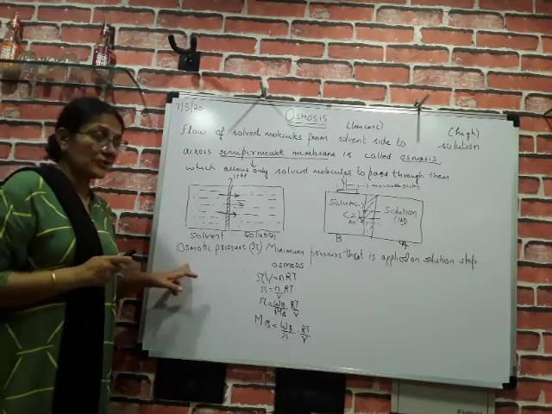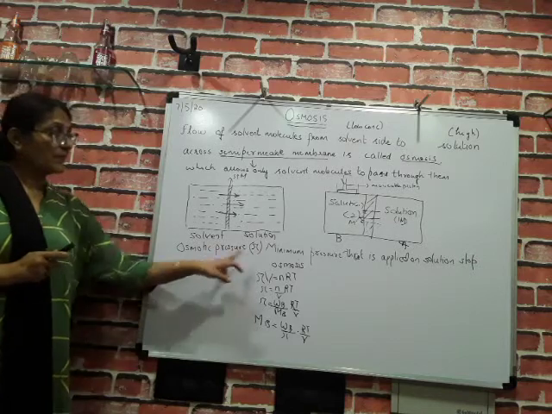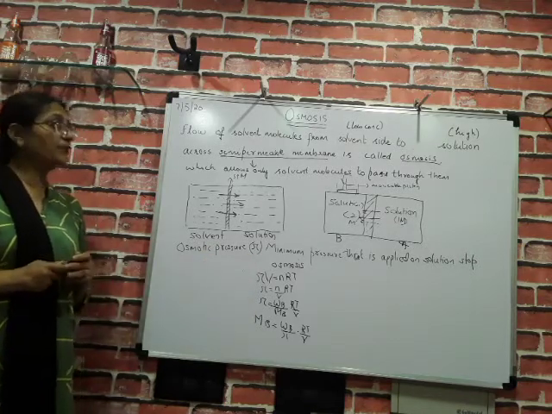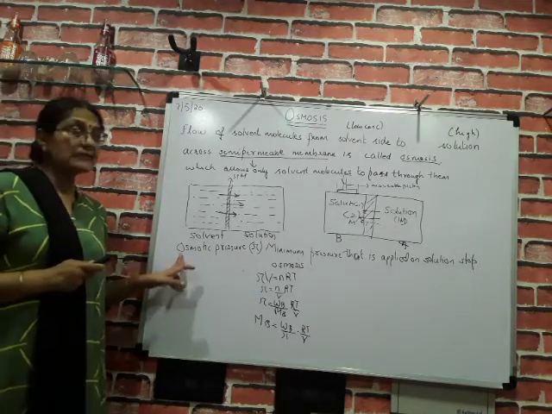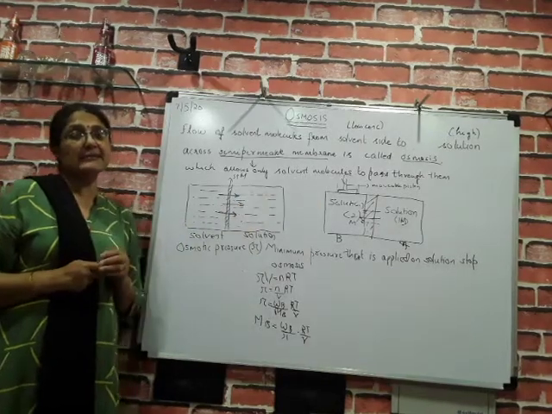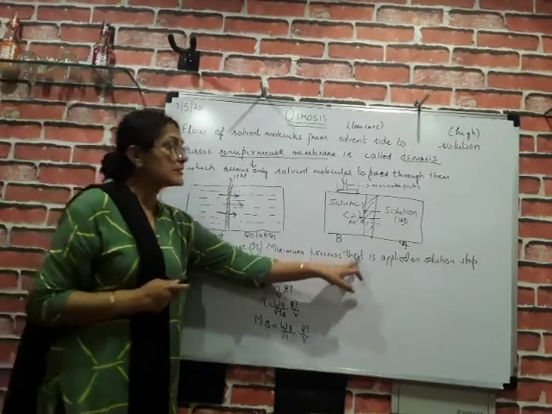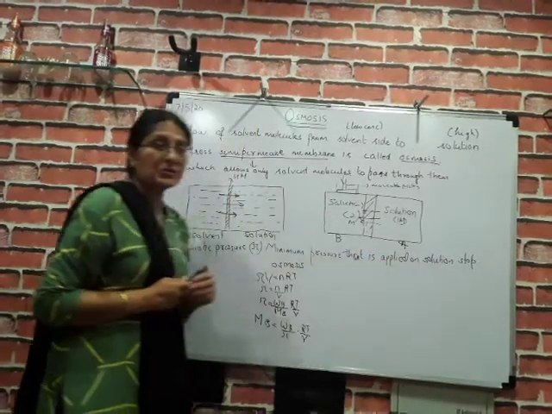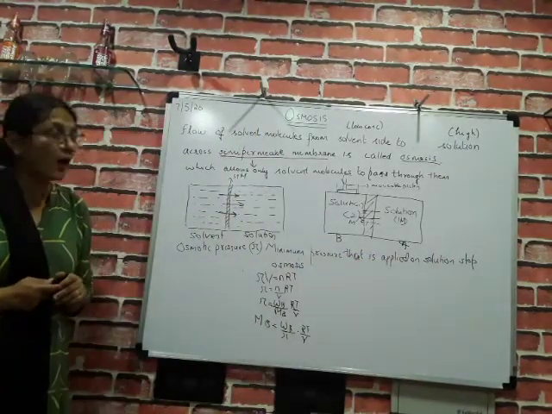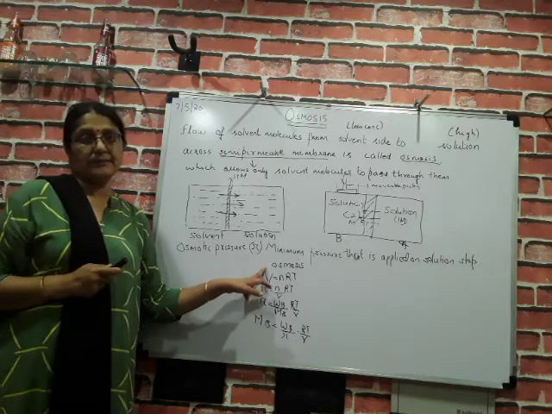Now another term, osmotic pressure, represented by pi. It can be defined, as you have seen in this experiment, as the minimum pressure that is applied on the solution side to stop osmosis.